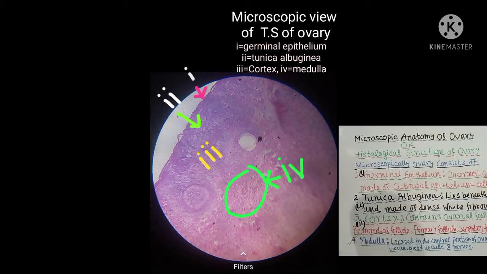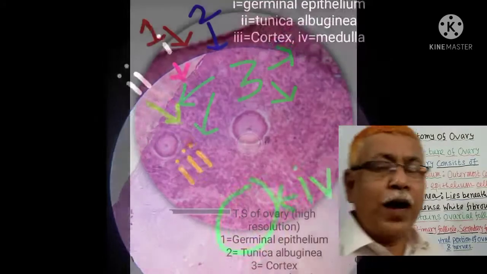Cortex region contains ovarian follicles at various stages, and medulla region of the ovary is denoted here by Roman 4. That is the central portion of ovary.